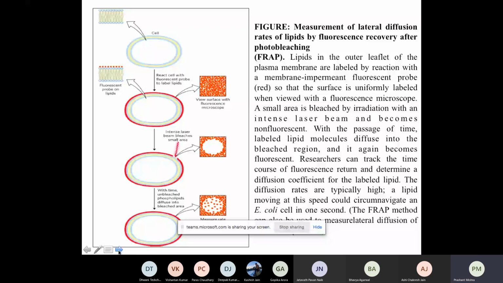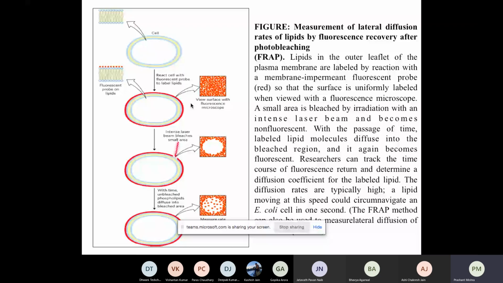Now, the question is, does this membrane remain always fluid, or can we change the fluidity of the membrane? And the second question is, what is the component in the membrane lipid which is maintaining the fluidity? The thing which maintains the fluidity is basically the lipid portion of the membrane, not the protein.